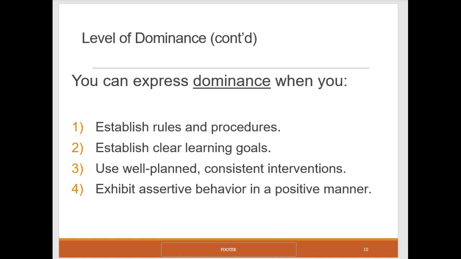It's very distinctly and directly connected to that. What is it we're going to learn and why is it important that we learn it? And then we also want to have in our toolbox a set of very well-planned, consistent interventions so that when problems do arise, we have a fallback plan or a support plan we can move to quickly.